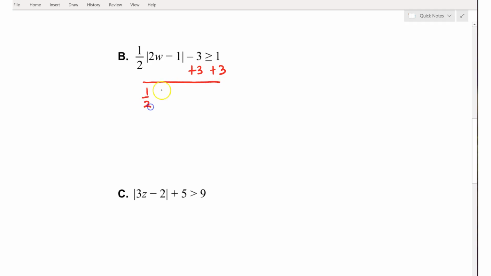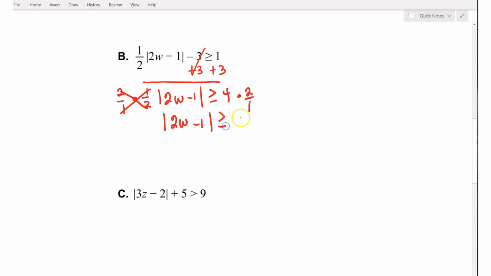So you have 1/2, the absolute value of 2w minus 1, that is 0, greater than or equal to 4. And then they forget to address the 1/2, which you can multiply by the reciprocal. So you're left with the absolute value of 2w minus 1 is greater than or equal to 8.